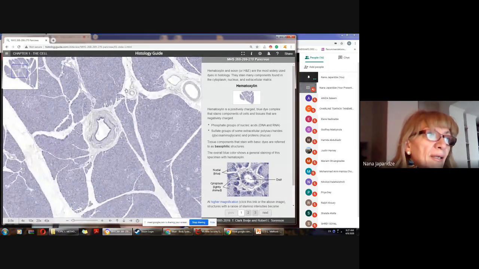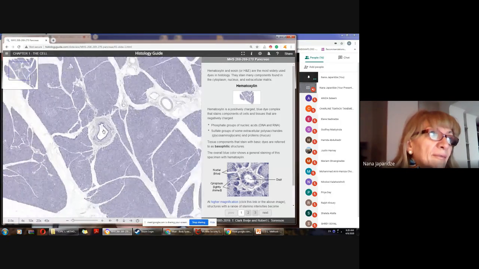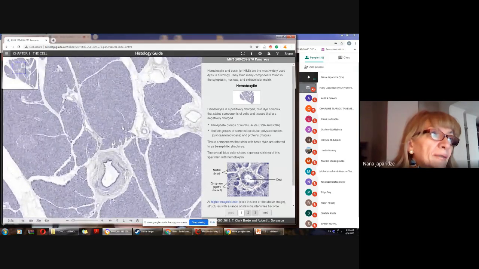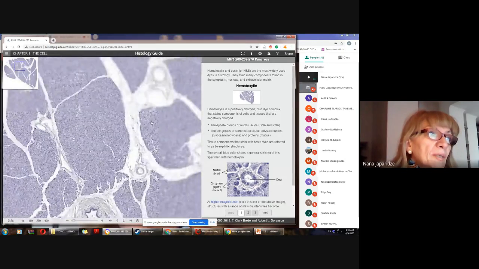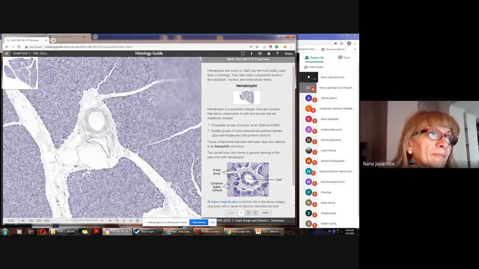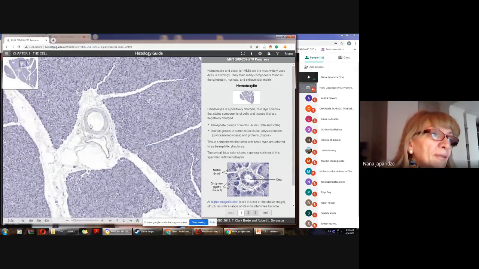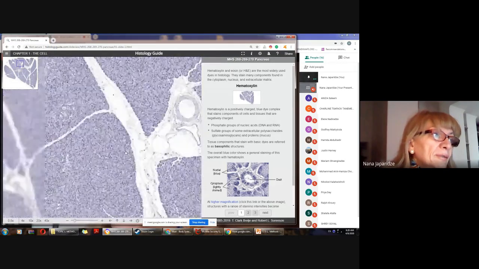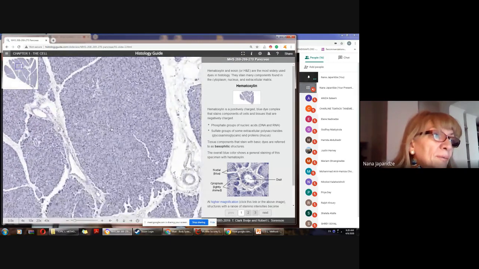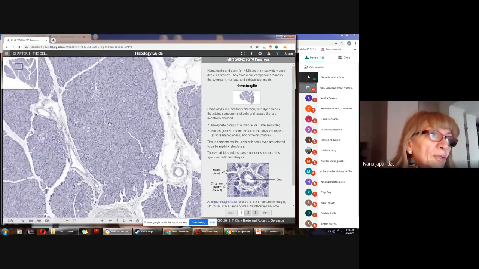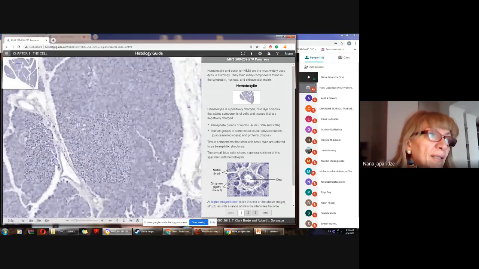Here is again arteriole. Look, arterioles are mainly round shaped, venules not. And it looks the same as here. For example, arteriole, venule. And how does the parenchyma look like here?